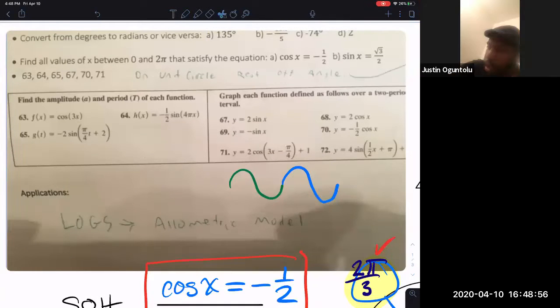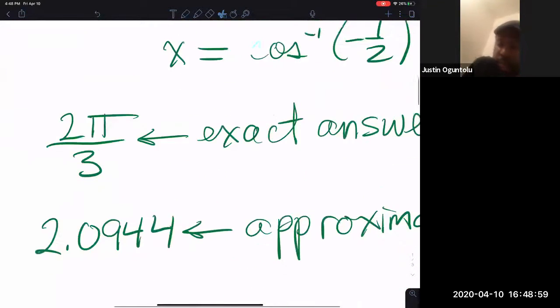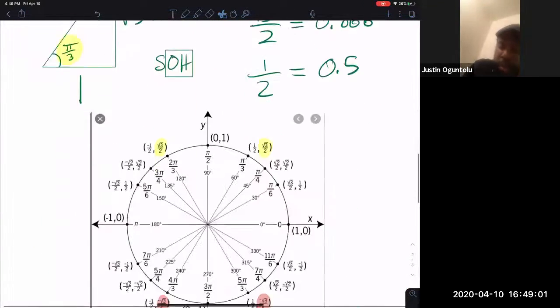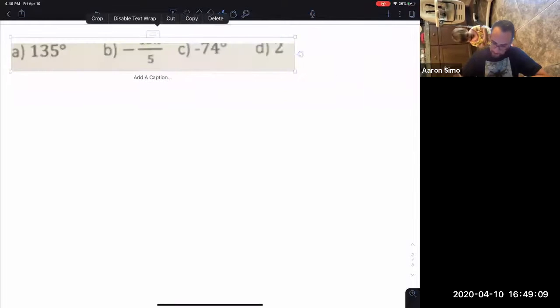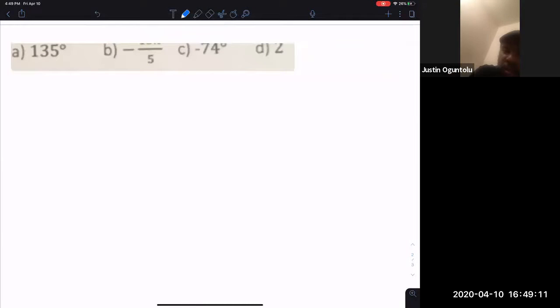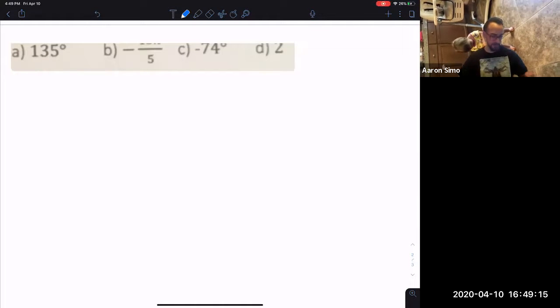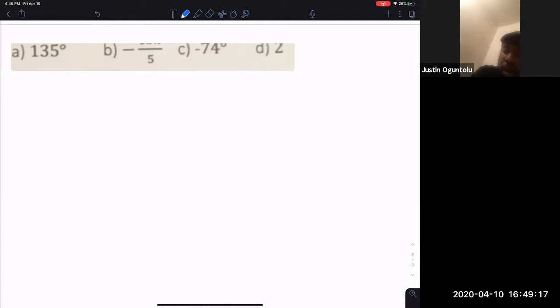What I remember about this is since it's in degrees, we want it in radians now. So we're gonna multiply by a conversion factor, and since we want radians, radians is gonna be in the numerator.